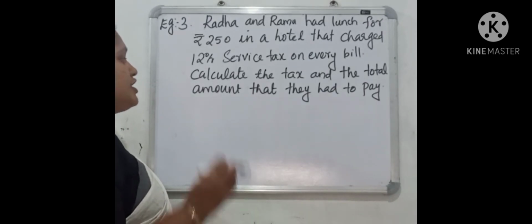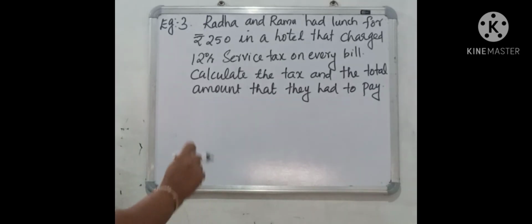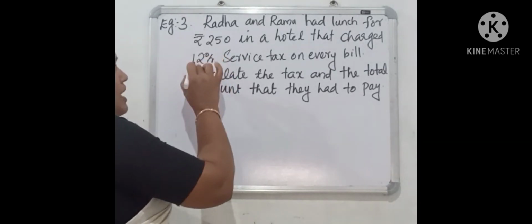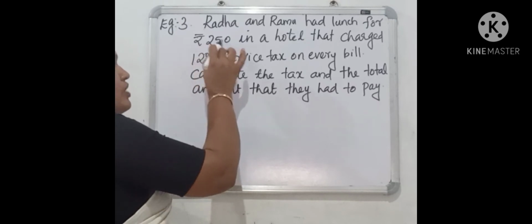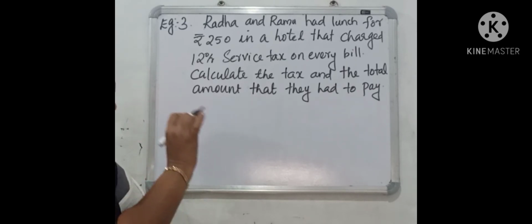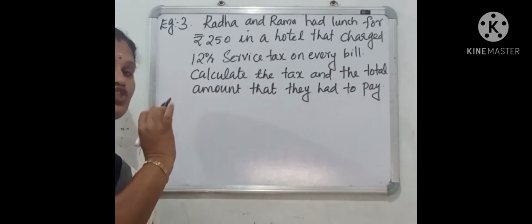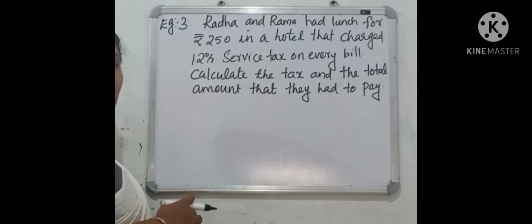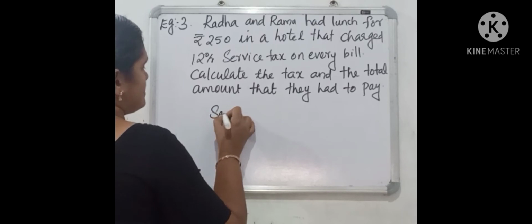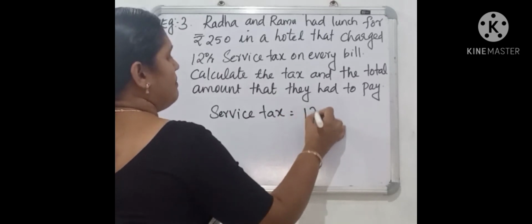Calculate the tax and the total amount that they had to pay. 12% is the service tax. 12% of rupees 250 is the service tax. We have to find the total amount they have to pay.